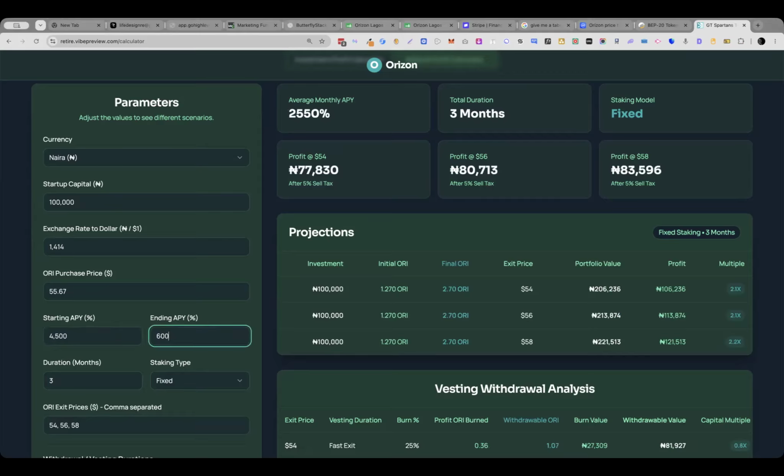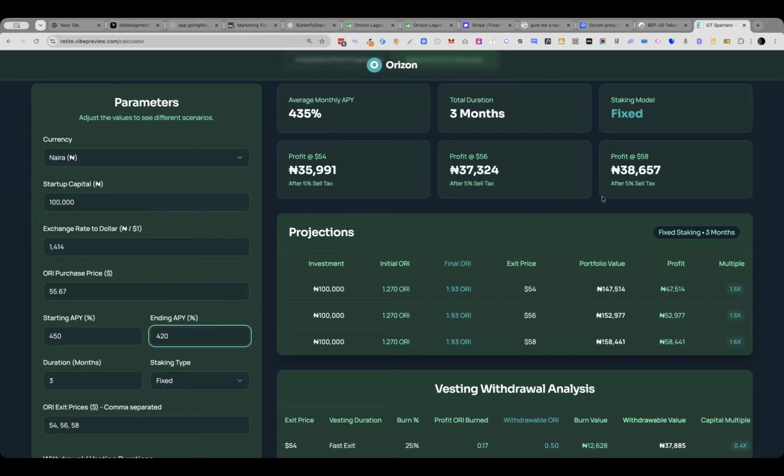So if you fix for 3 months, you're going to be looking at just 450. Let's just say an average of 450 and 420 here. And that's fixed. So you can make in 3 months, you can make 35,000 from your 100K. These are for people who are more interested in short-term gain.